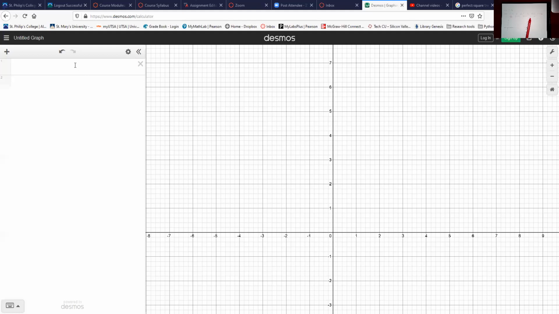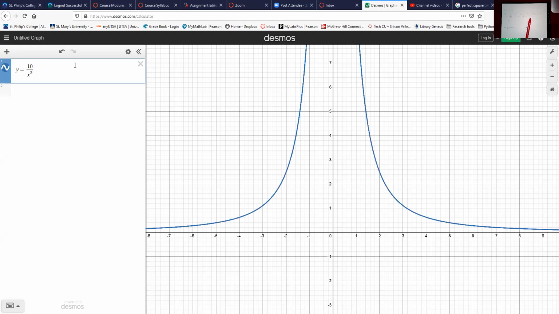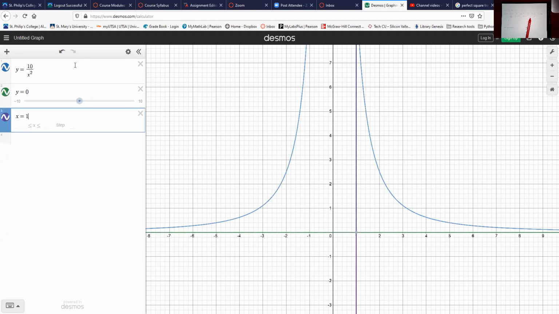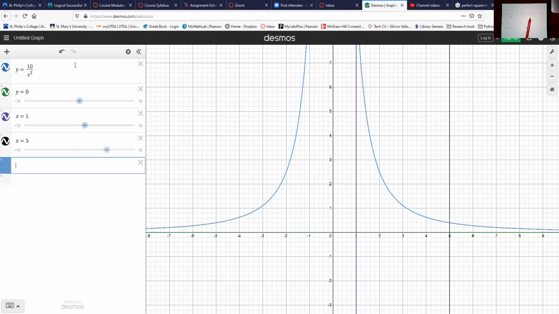Okay, so y is equal to 10 over x squared, y equals 0, x equals 1, x equals 5. So it looks like I care about this chunk right here.